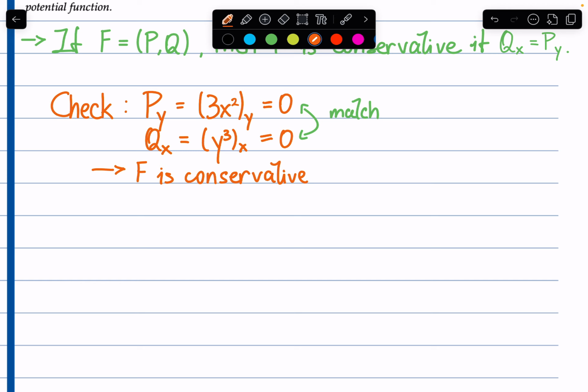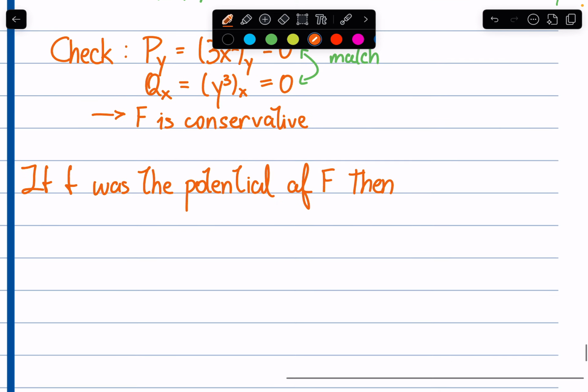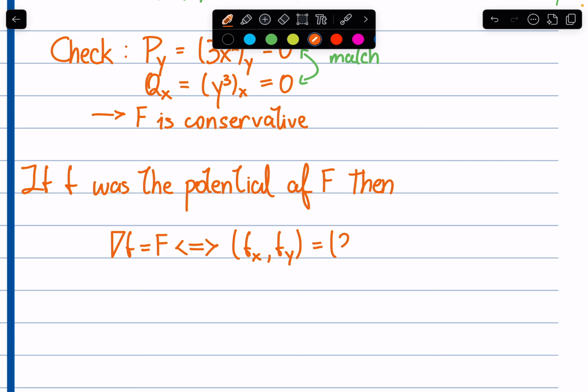Remember that if a potential function exists, if little f was the potential of large F, it happens that the gradient of little f is F, and this only happens when f sub x, f sub y equals 3x squared, y cubed.